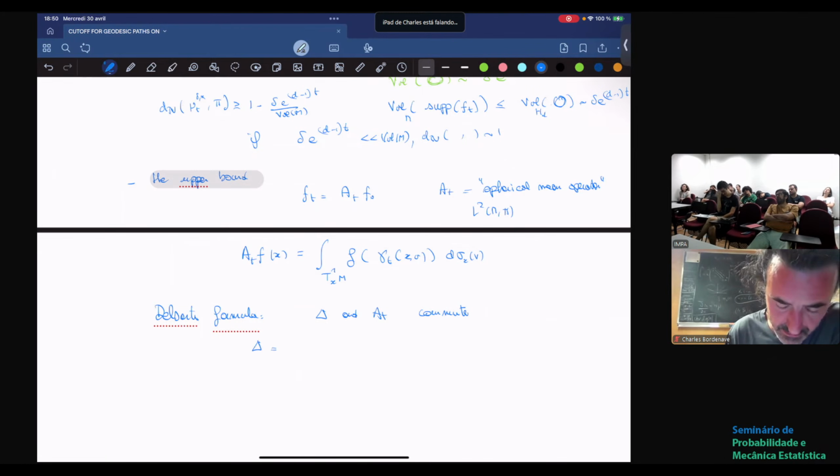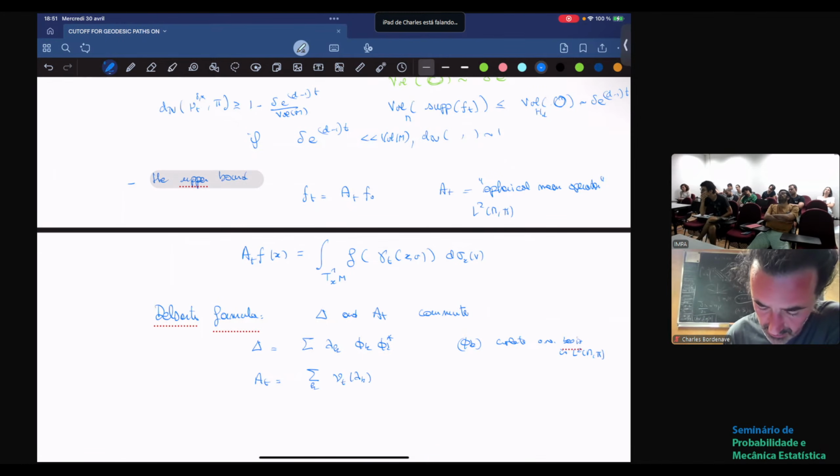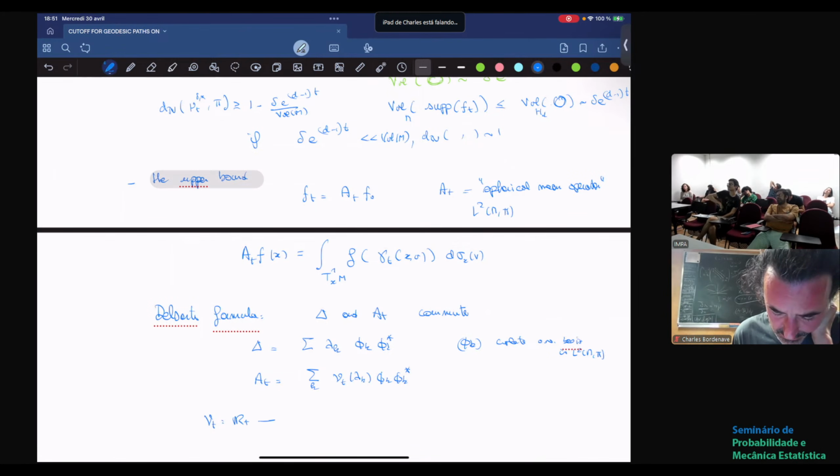So Delta has a complete orthonormal basis phi_k in L2(M, pi). And A_t you can write as a sum of nu_t(lambda_k) phi_k phi_k^*, where nu_t(lambda) is some function from R plus to R, which tells you how an eigenfunction with eigenvalue lambda is transformed by this spherical mean operator.